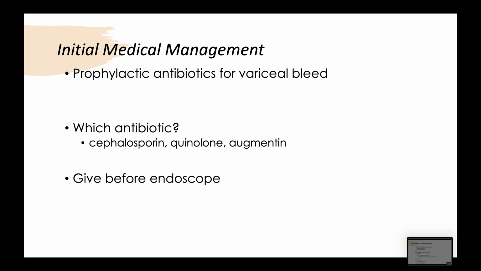Okay, so in terms of other management, for a variceal bleed or any other bleed, you want to consider prophylactic antibiotics such as cephalosporins, quinolones, and Augmentin. Studies have shown that there's a 25% reduction in mortality in patients who are on antibiotics, as well as 2 to 3 times less likelihood of rebleeding.